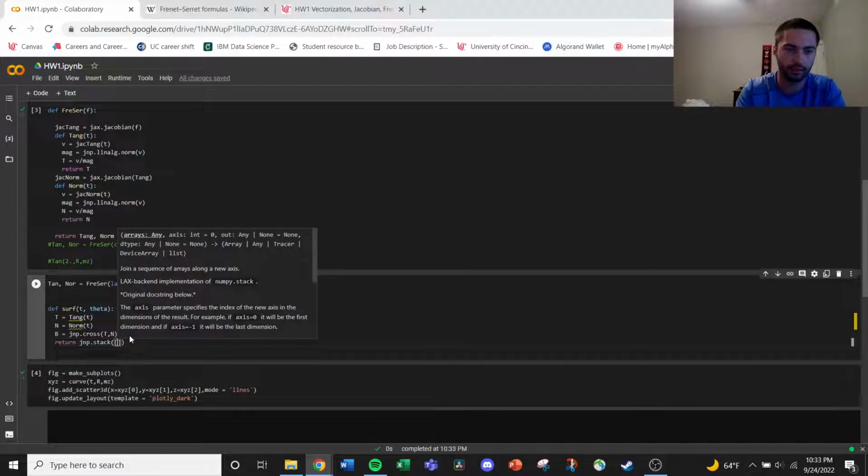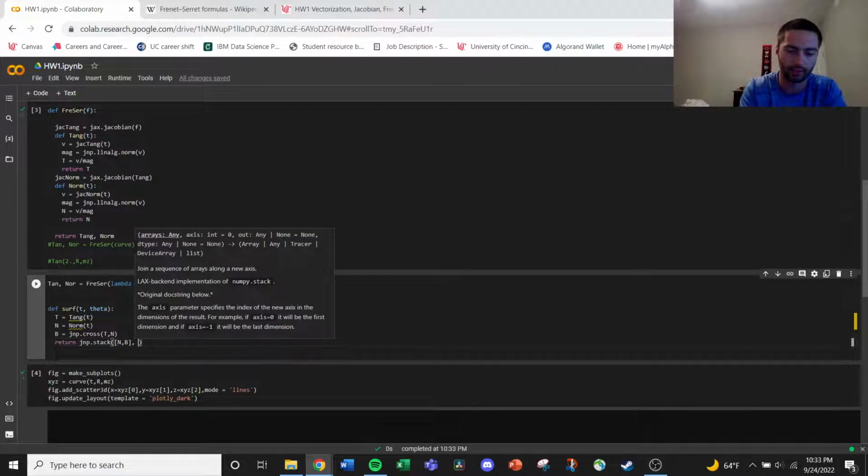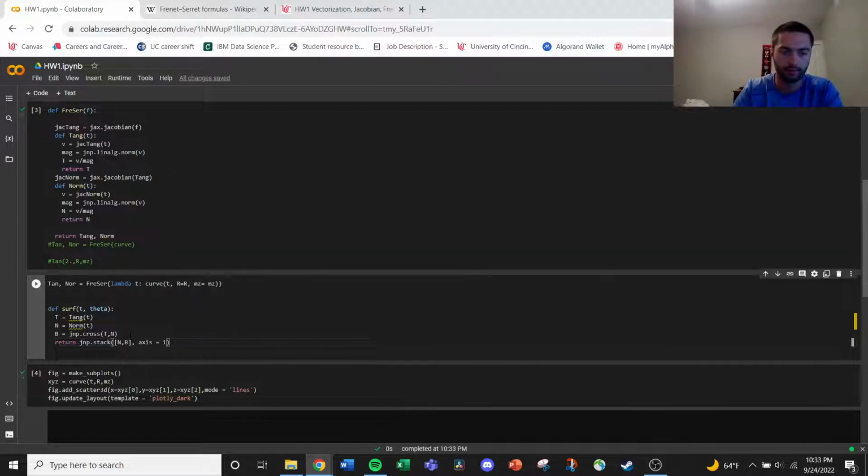We want to stack n and b as essentially our x and y axes that we're going to use. Then we want to do a matrix multiplication with the matrix that we want to use to draw our circle in those axes.